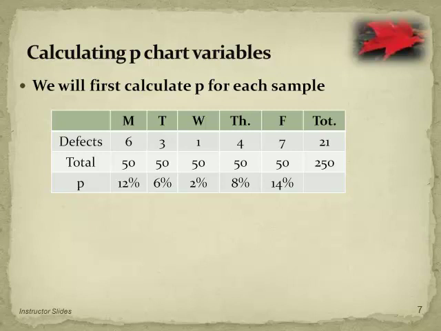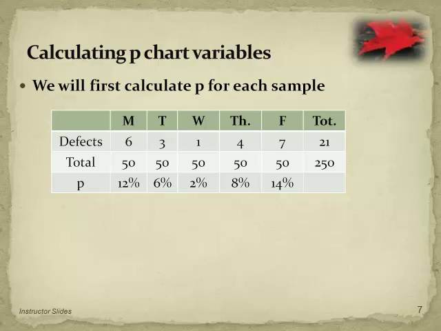On Monday, there were 6 defective out of a sample of 50. That's a 12% defective rate. Tuesday, it was 6%. Wednesday went down to 2%. Thursday went up to 8%. Friday got a little high, went up to 14%.